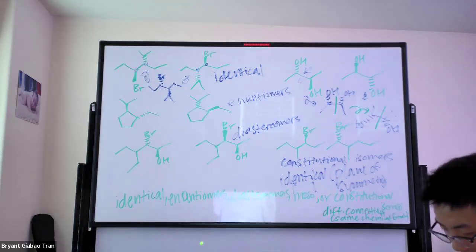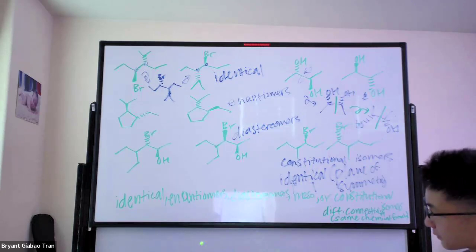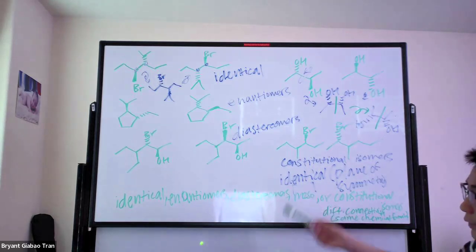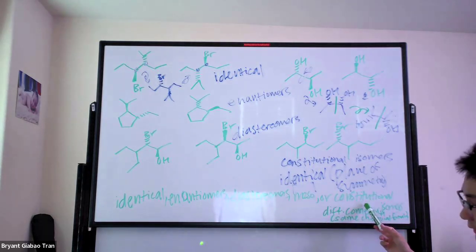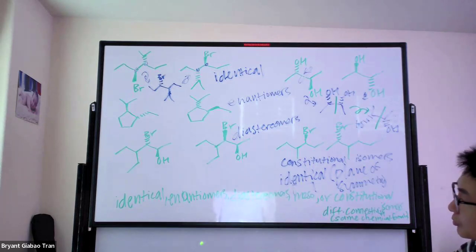For stereoisomers, or maybe there is no other C word. All I can think about is identical, enantiomers, diastereomers, meso, constitutional, where enantiomers, diastereomers, and meso are a type of stereoisomers. Constitutional is a type of regioisomer, and identical is just the same molecule.